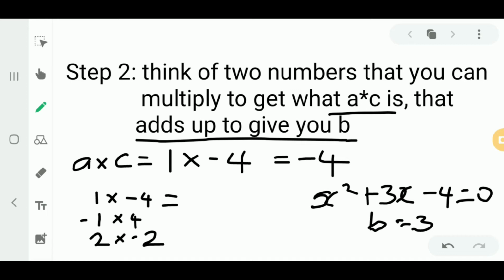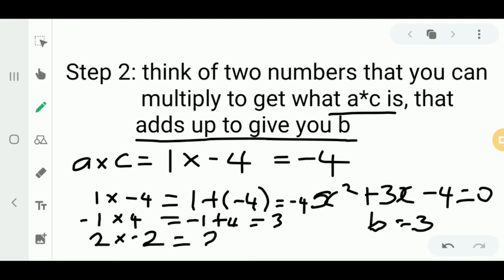If you add 1 plus minus 4, you get minus 3... rather, you get minus 3 from 1 and minus 4; if you add minus 1 plus 4, you get 3, and if you add 2 plus minus 2, you get 0. Based on this, you realize that the second option would give you 3, which is what b is. So we're using minus 1 times 4.